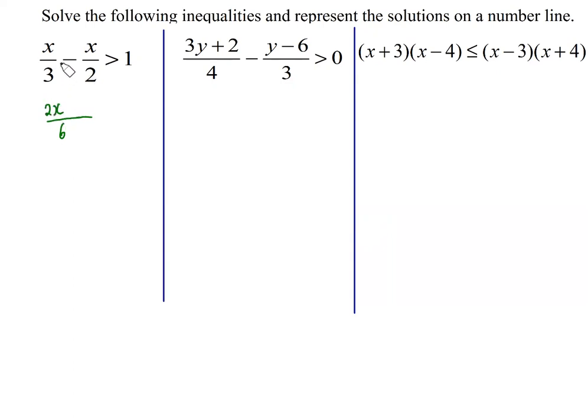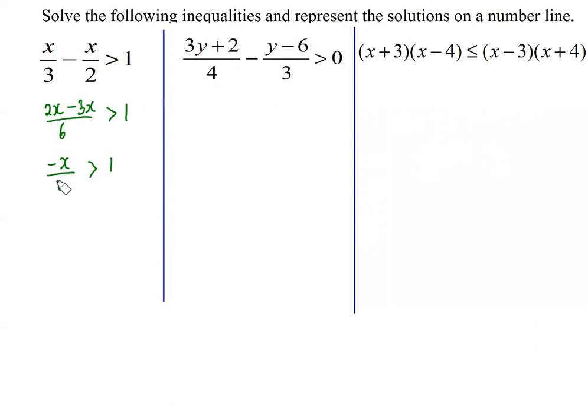Then 2 into 6, we get 3. Then 3 times x is going to be 3x. Then here we keep that negative 1. Then we now have 2x minus 3x. You're going to get negative x over 6 greater than 1.